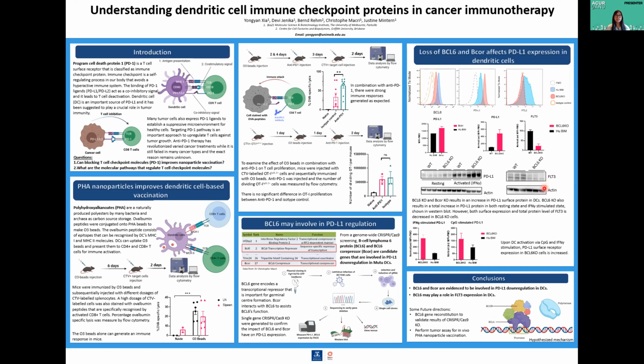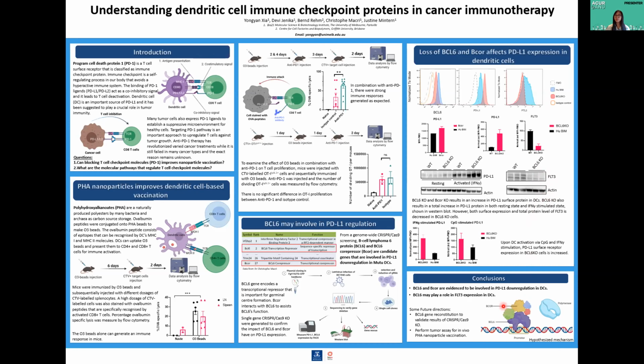So FLT3 is a very important receptor for development of disease. So maybe BCL6 and FLT3 are somehow indirectly linked and regulate in conventional dendritic cells.